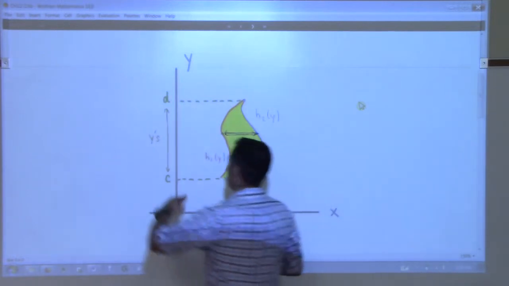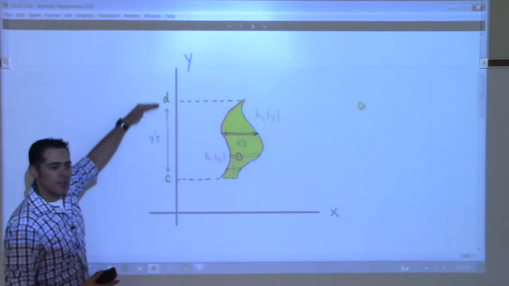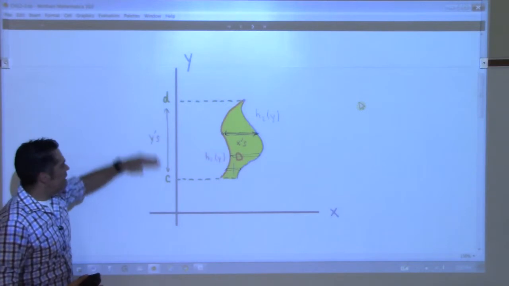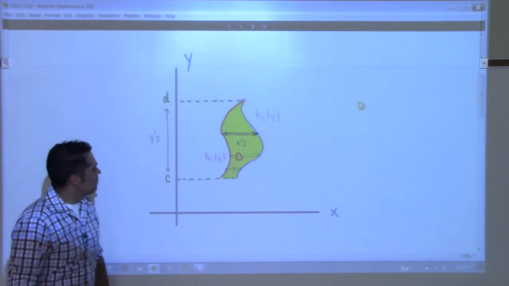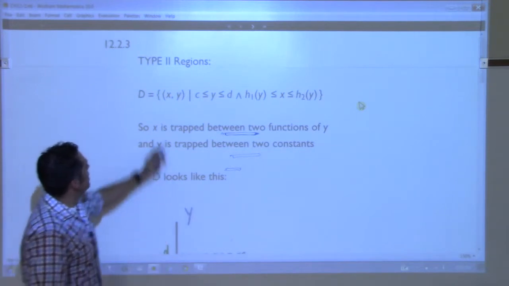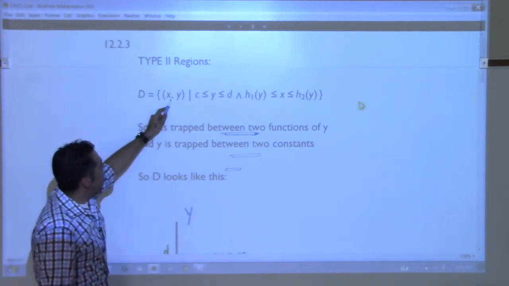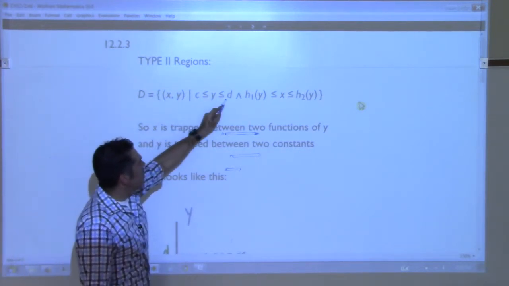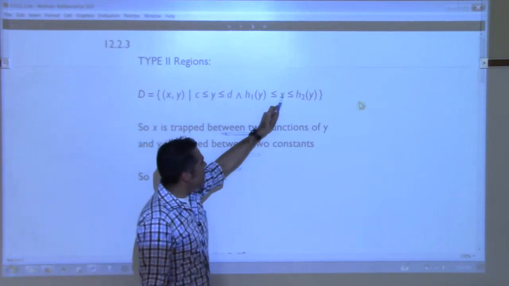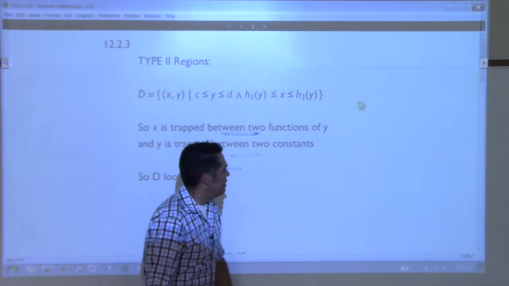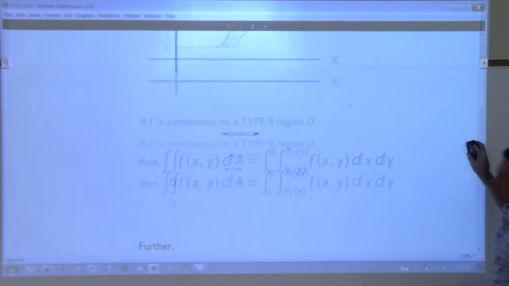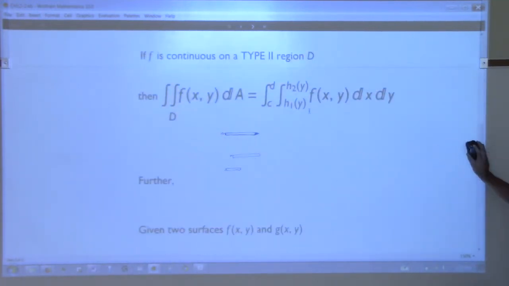The y values are stuck between two constants, c and d. So that's what this says here. Your domain is all the points where your y is stuck between two constants. This time your x is stuck between two functions of y, and that means that the integral, when we set it up, is going to look like this.